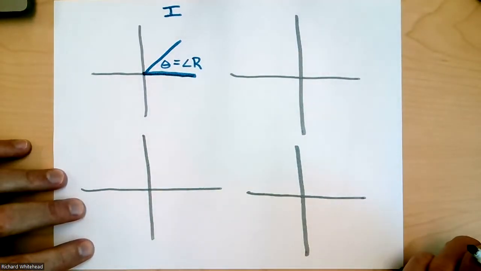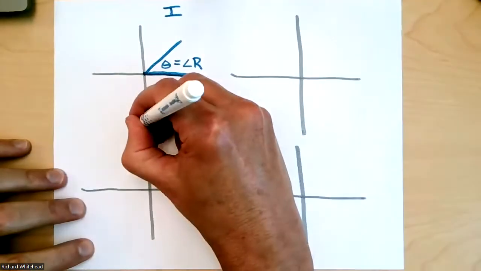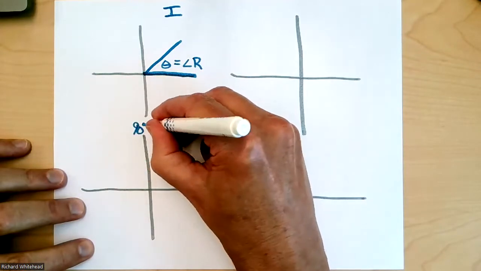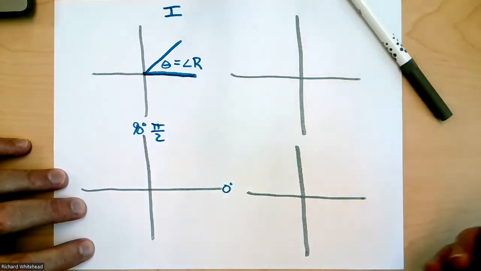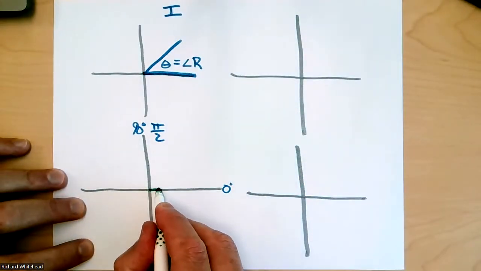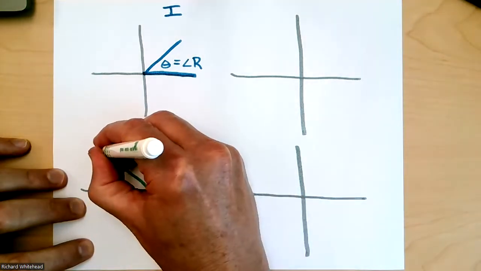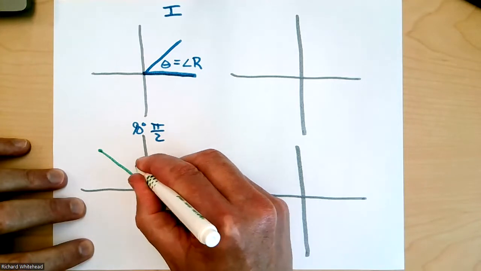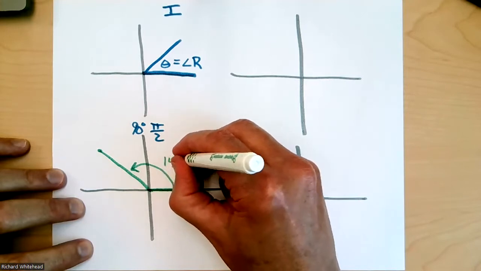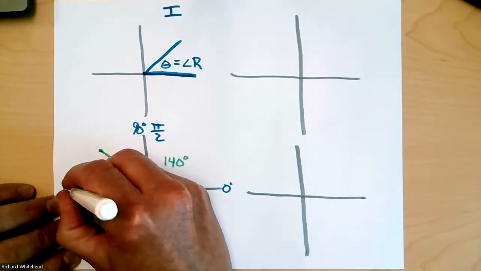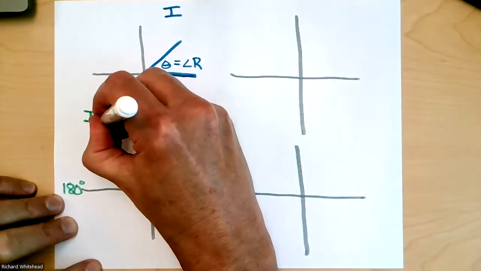Now, when we just learned about degrees and radians a little while ago, we had 90 degrees up here, which is also pi over 2. So what happens if we have a second quadrant angle like this? Let's say my angle is 140 degrees, because that's between 90 and 180. So that's definitely second quadrant.